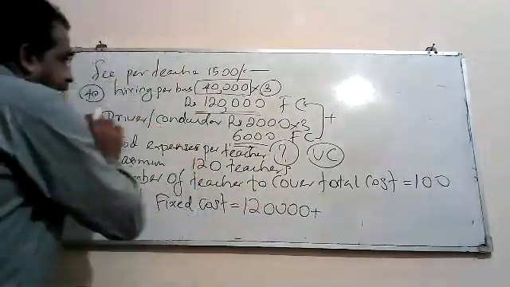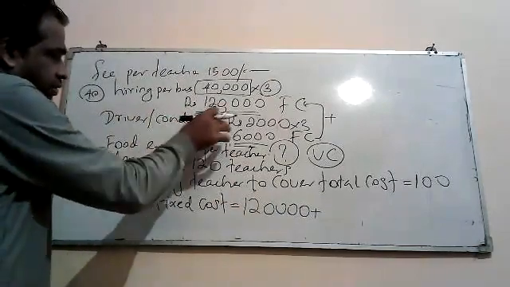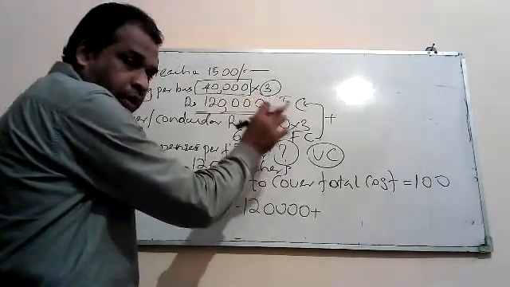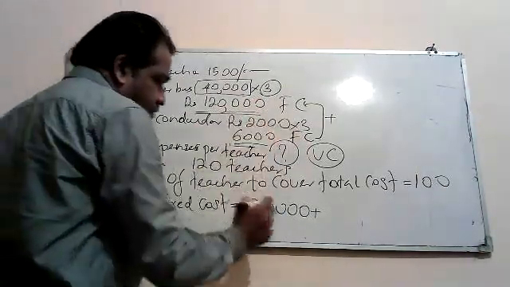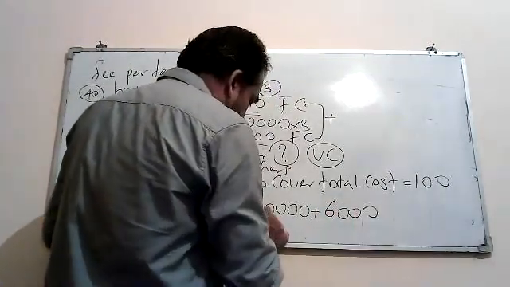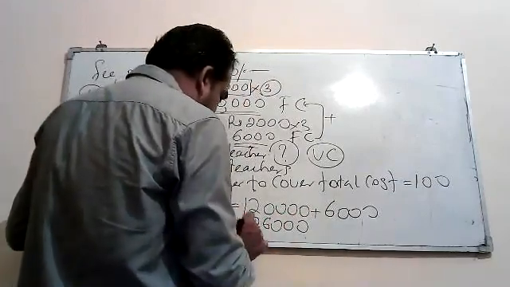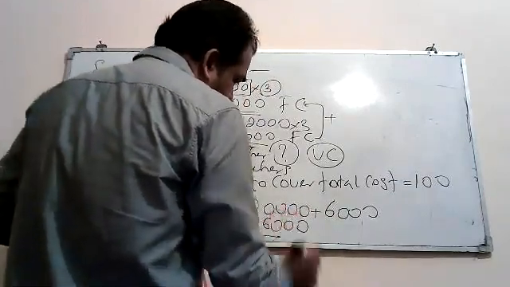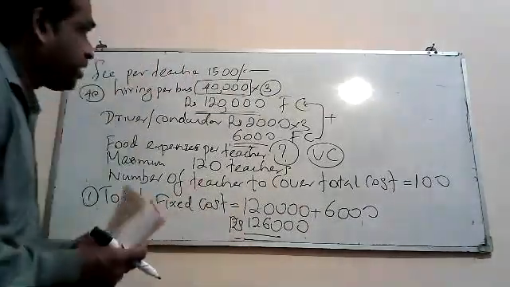Plus, the driver and conductor are given 2,000 in one bus. As we have to take 3 buses, 2,000 times 3 is 6,000. That is also fixed. So the total fixed cost will be 126,000 rupees.